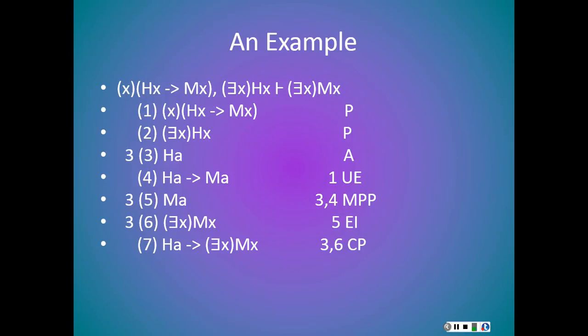I also need to make sure that line 7 doesn't depend on any assumptions that contain the arbitrary name A. That's pretty easy to check because line 7 depends on no assumptions whatsoever. And I also have to check the line on which the existential sentence occurs, the sentence on line 2.